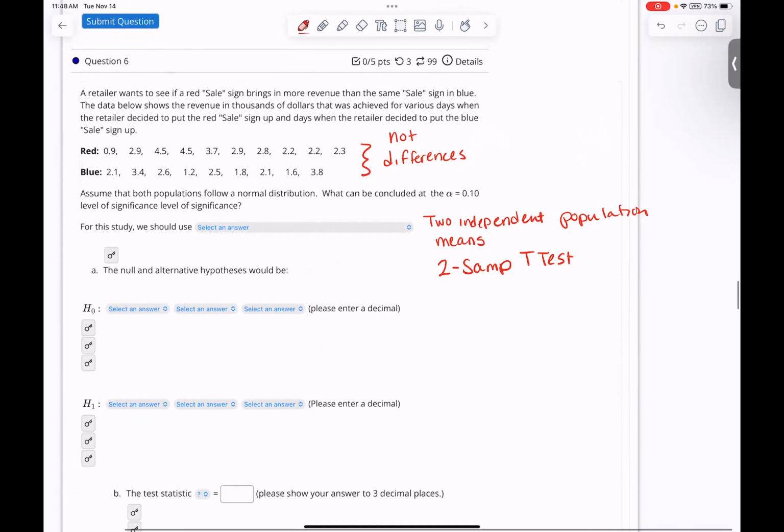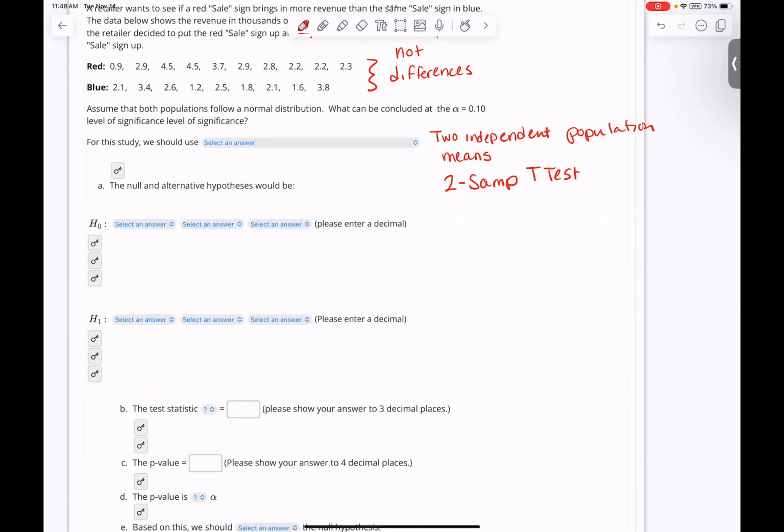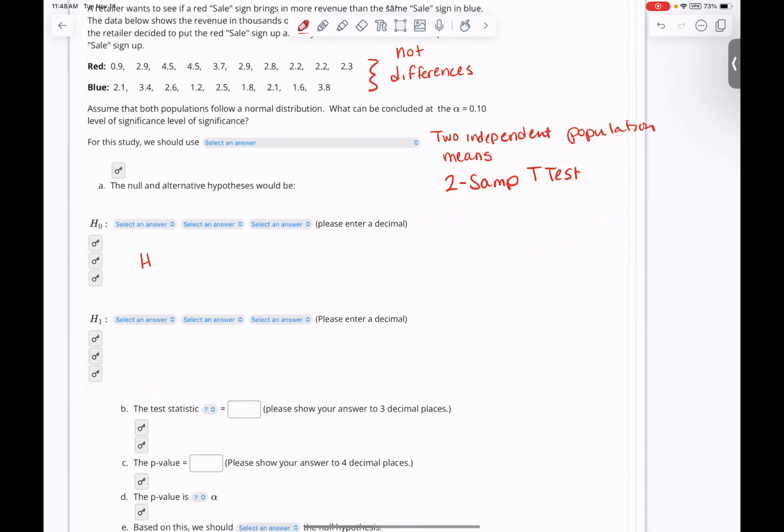Okay, so what's our null and our alternative? Well, the null would be that the red and the blue are the same. But what we're testing is, is the red bigger than the blue? Do you get more sales on average if you put up a red sign compared to a blue sign?